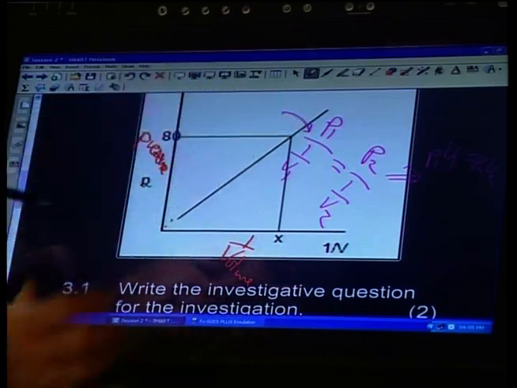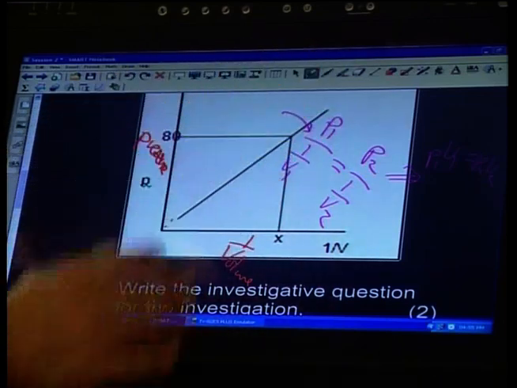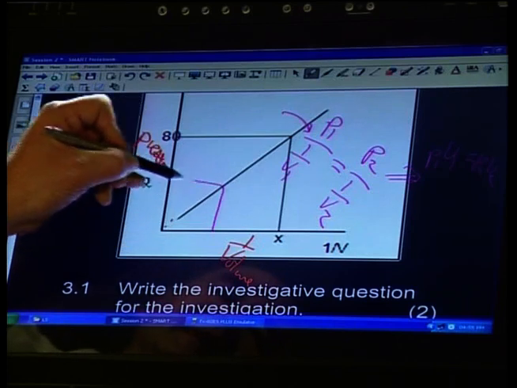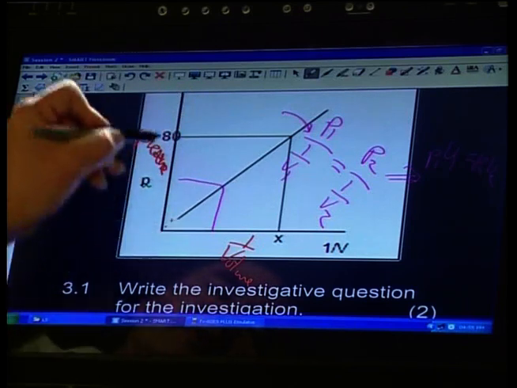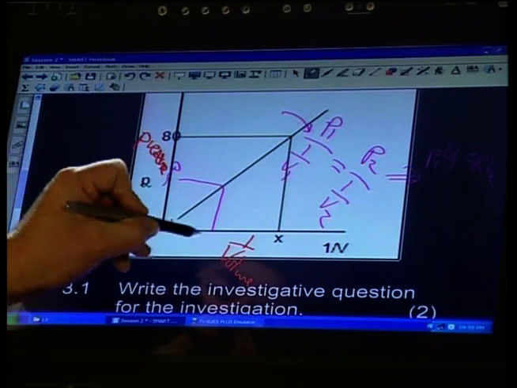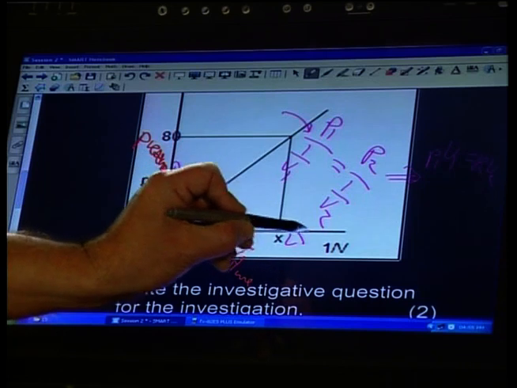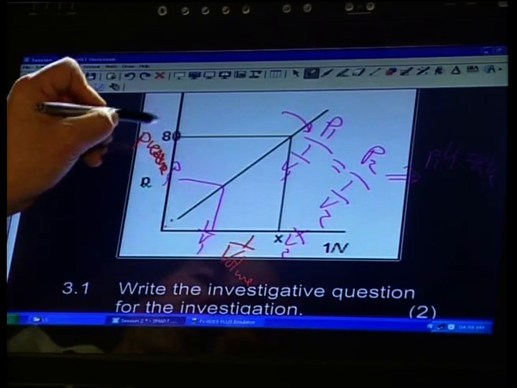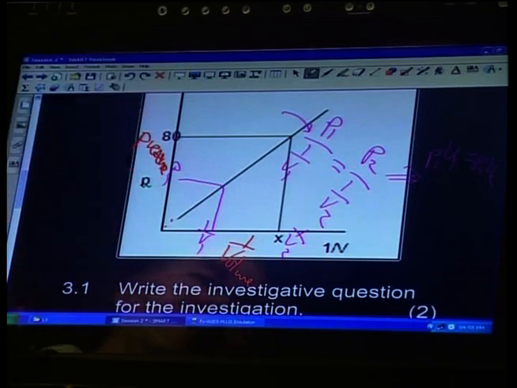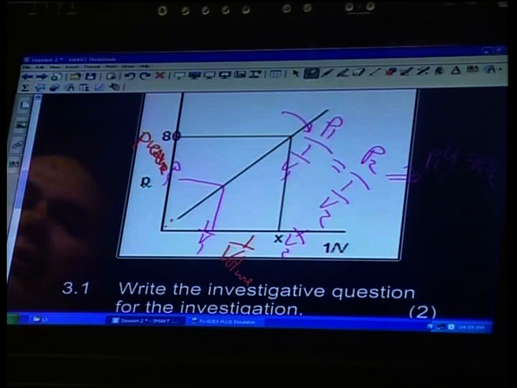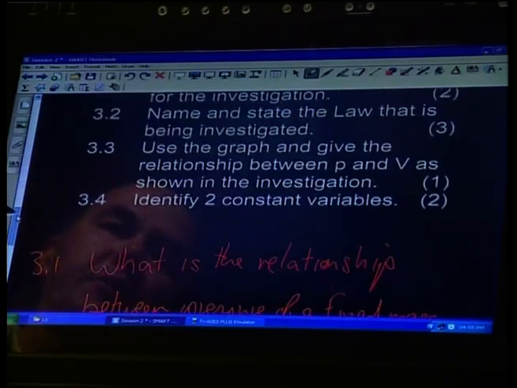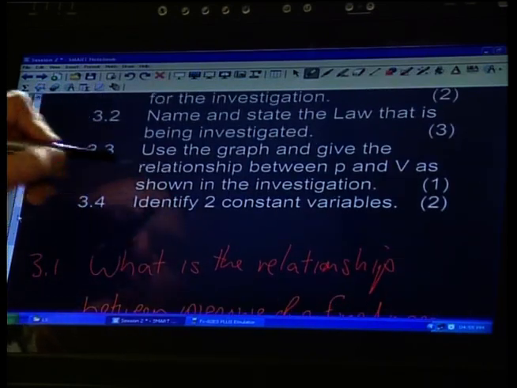You've got to do that step. P1 over 1 over V1, the gradient at each of these points is the same. So if that was pressure 1 and that was 1 over volume 1, then this one would be 1 over volume 2, and that would be pressure 2 at that point there. Okay, I hope that clarifies that. I think we've used the graph to answer that question, and we've got the relationship.